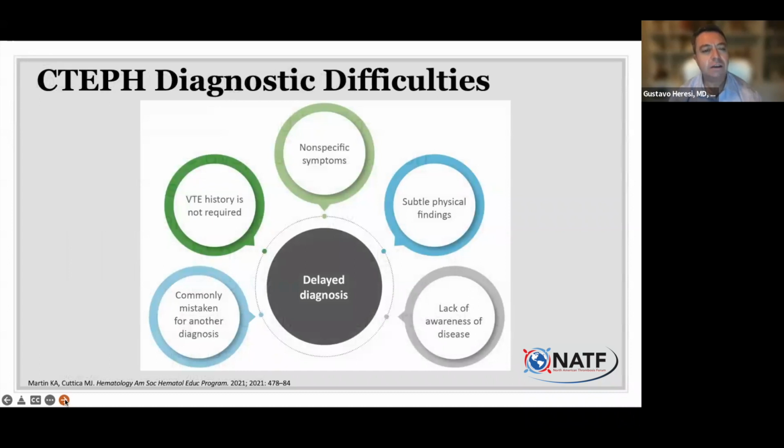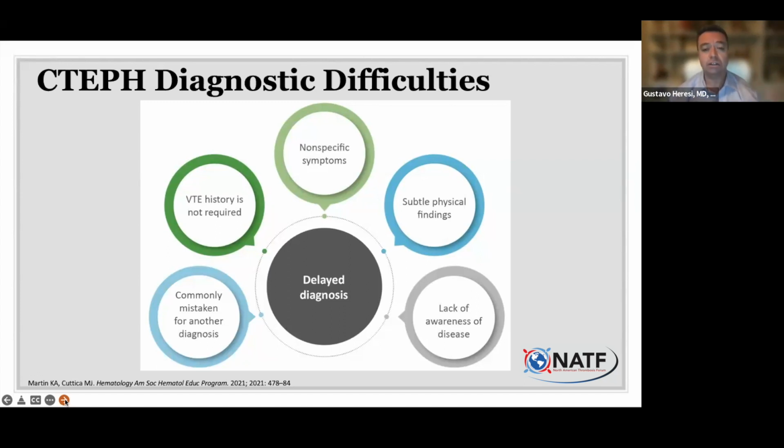But at the end of the day, this condition is very difficult to diagnose. I told you about shortness of breath, but a lot of things cause shortness of breath. I told you about some physical findings like swelling and whatnot, but those are really late. Early on, the physical examination is really normal or very subtle. I mentioned already how a history of clot is really not required.